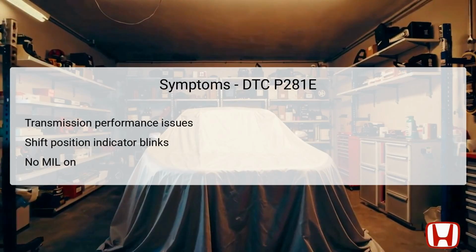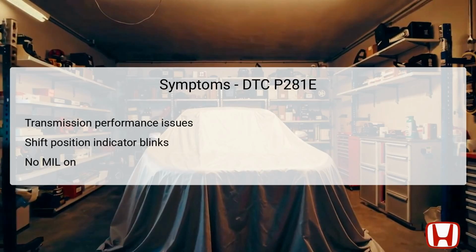When dealing with DTC P281E, the vehicle may exhibit multiple symptoms that indicate a malfunction within the transmission system. A noticeable symptom is performance issues during shifting, which can lead to a rough or hesitant drive experience. The shift position indicator on the dashboard may begin to blink, signaling that the TCM has detected a fault and is attempting to alert the driver.